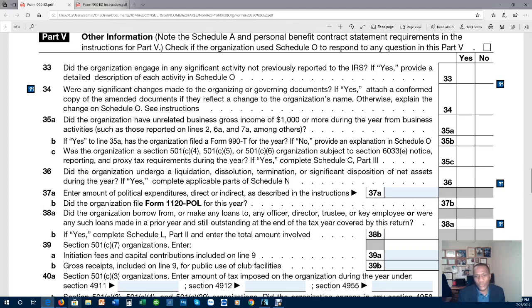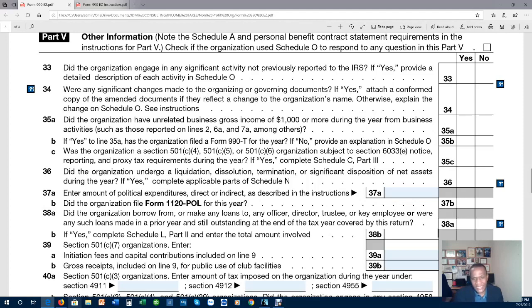If you have loans to multiple officers, directors, trustees, and key employees, you will total that amount and enter it here, which must be provided on Schedule L, and Schedule L will give you the total amount.